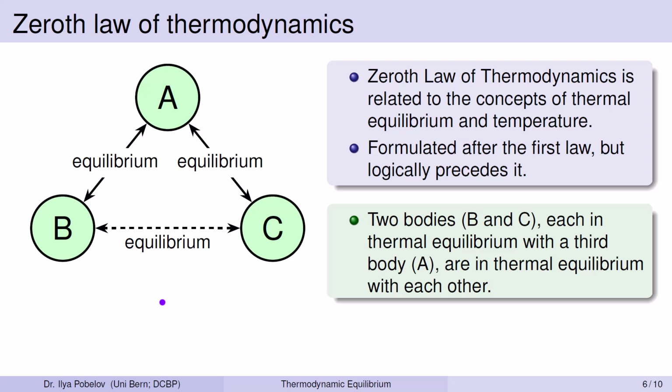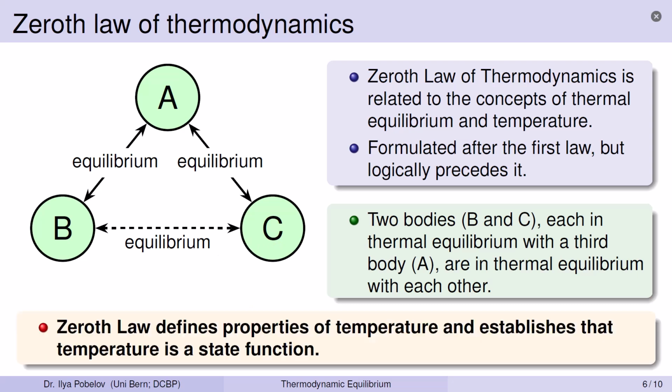This fundamental law states that if we have two bodies, let's call them B and C, that are each in a thermal equilibrium with a third body, A, then B and C are also in thermal equilibrium with each other.